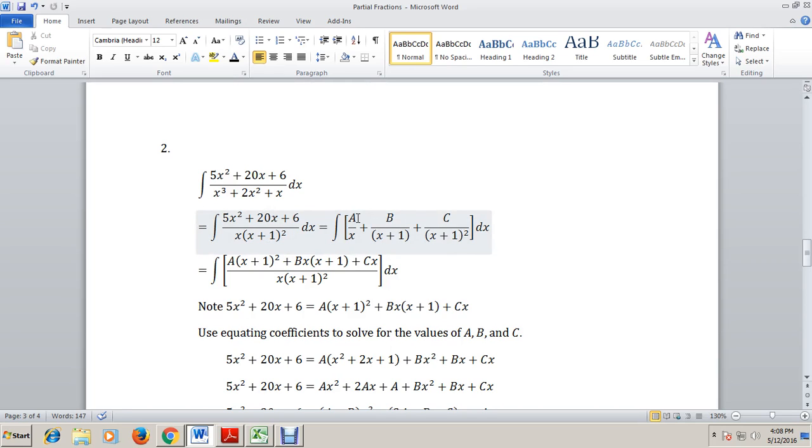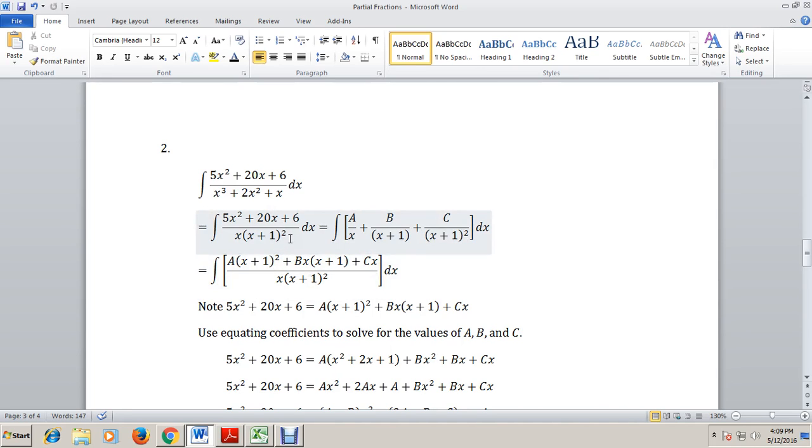So of course we have a over x as the first distinct linear factor for x, plus b over. Now what was said earlier is that for every given linear factor that has a power, we have to express that into separate distinct linear partial fractions, starting with its base form and building up to the power of that given linear factor. So starting with its base form, which is x plus 1, we have c over x plus 1 squared.